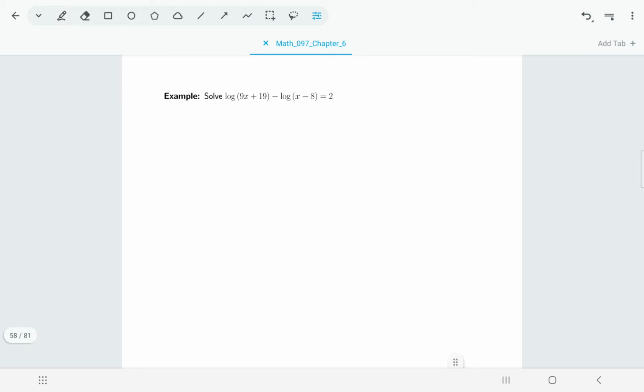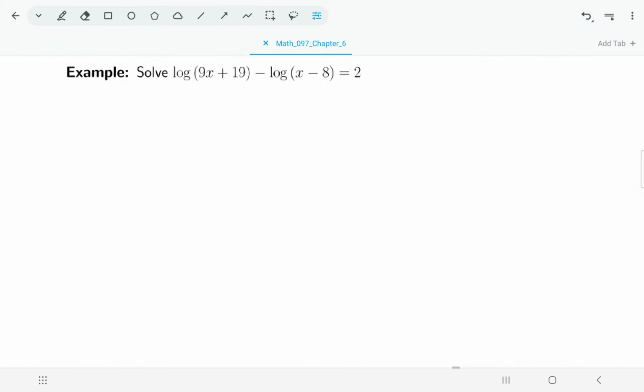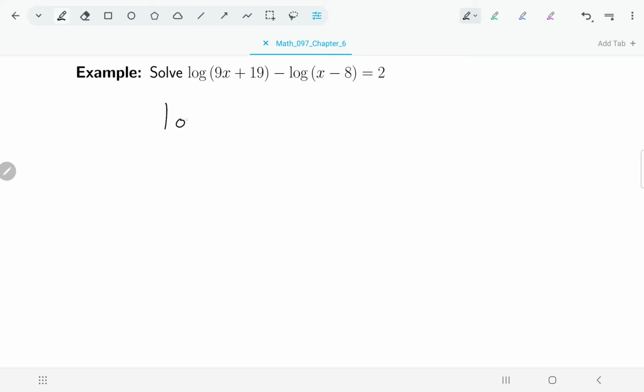Let's do another one. This one you'll notice there's no base given, so that means we are talking about log base 10. And same sort of a thing as the last one. I can see that I've got one log minus another, so I can definitely combine those two logs together. That would be log of 9x plus 19 over x minus 8 equals 2.